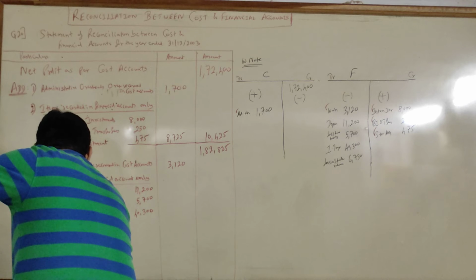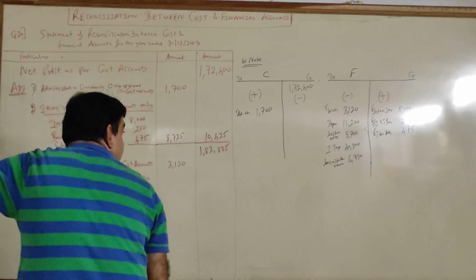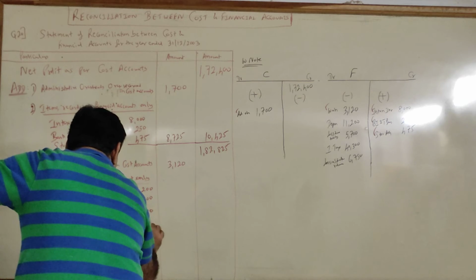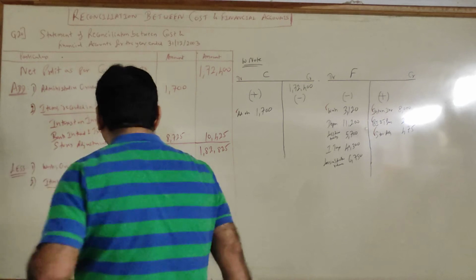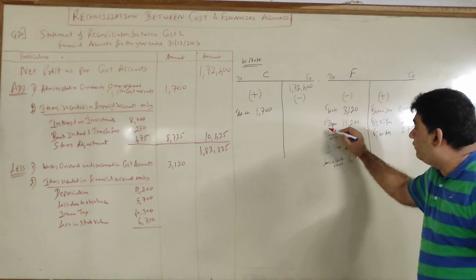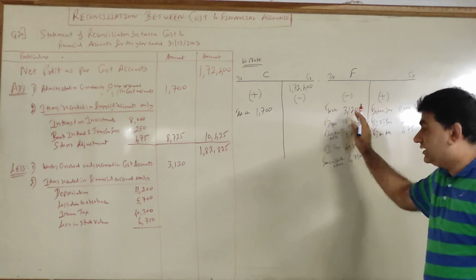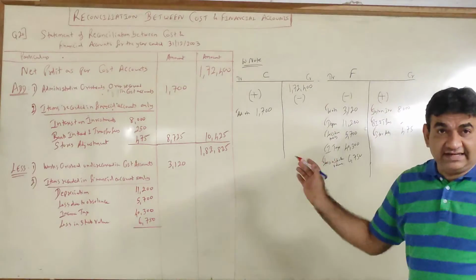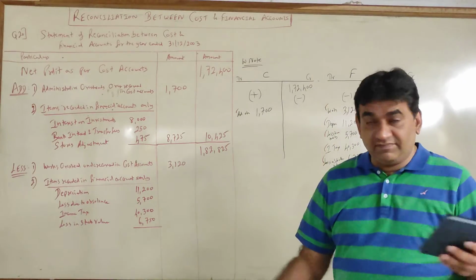Loss in stock value, 6,750. Got it? So all 4 have been shifted there. So every item is ticked just for understanding, it is not compulsory.